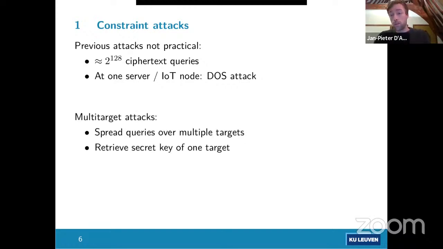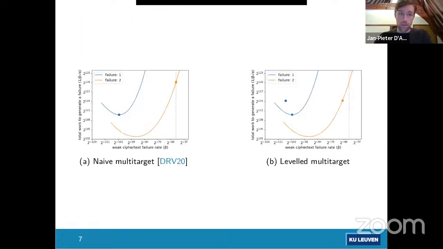One thing that was proposed previously is to do multi-target attacks. You spread your queries over multiple targets, and you retrieve the key of one random target. For example, you have a maximum of 2 to 64 queries for one specific target, but you target 2 to 64 targets, and you want to break one target at random.